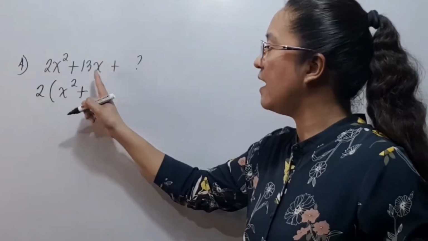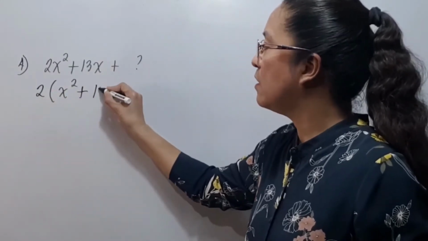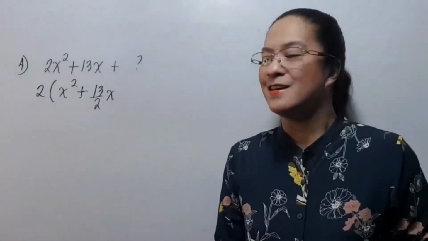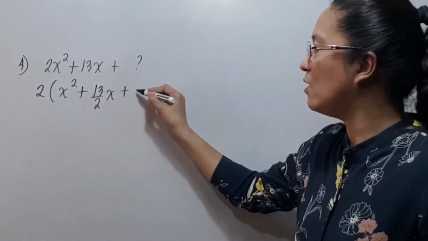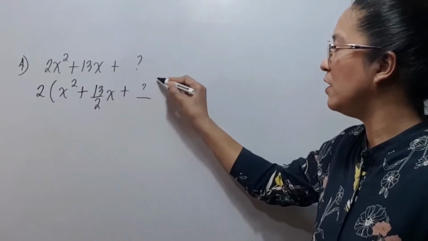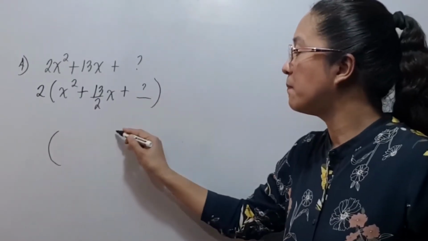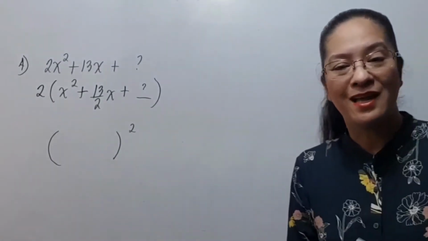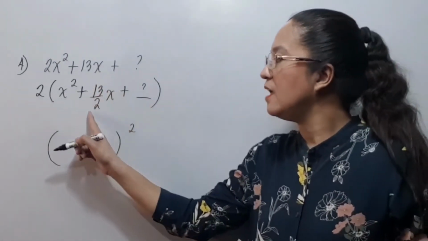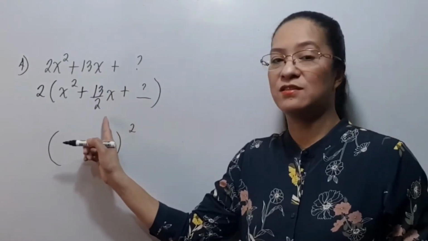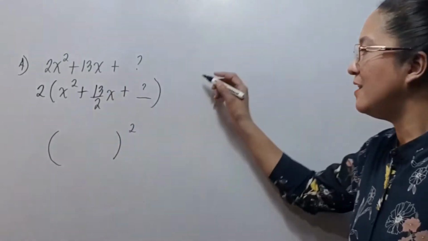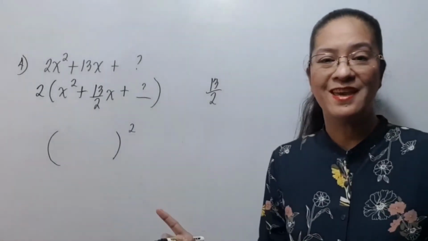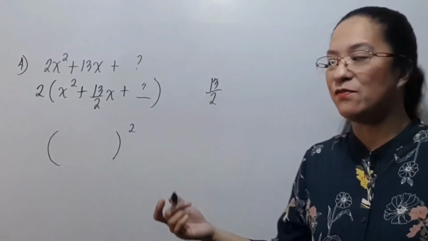Plus, 13x divided by 2 is 13 over 2x. Ayan. So, isip na tayo kung ano yung i-add natin dito in order to make it a perfect square trinomial. So, katulad ng dati natin ginagawa, we get the coefficient of the second term. And the coefficient is 13 over 2. Okay? So, we divide the coefficient by 2.